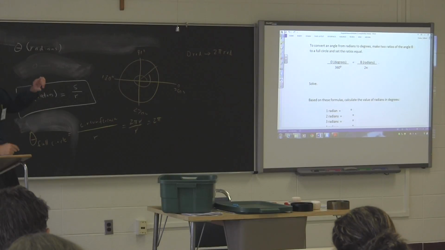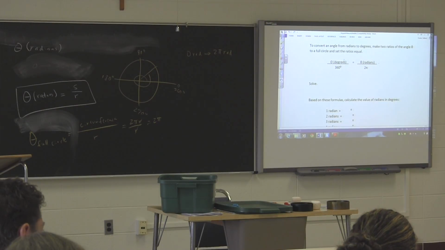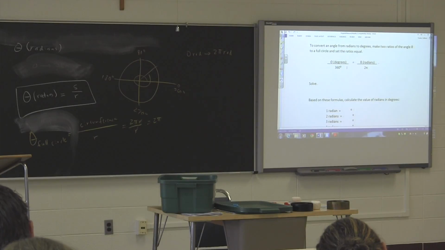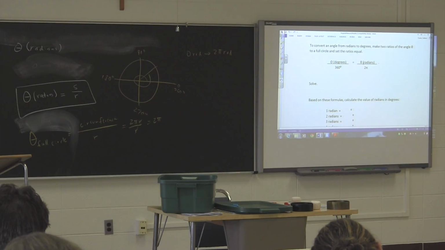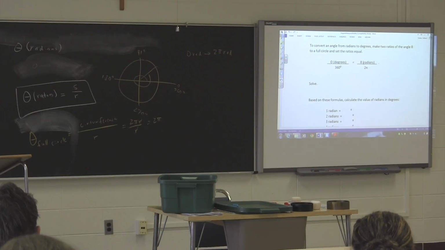We want to get something where it says theta in degrees is equal to some constant times theta in radians. Right? I did x over 360.